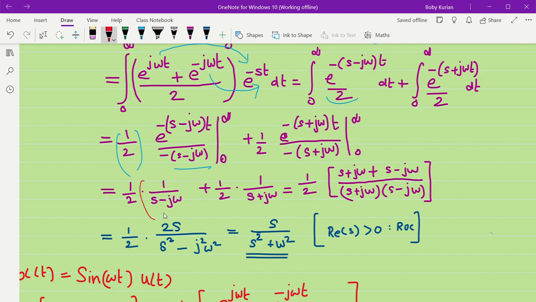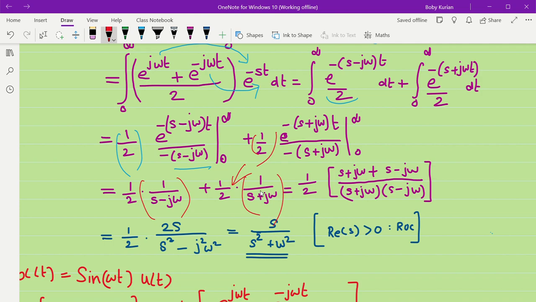So the first term after applying the limits is 1 by (s minus j omega) in the denominator. The second term will be 1 by 2, plus 1 by 2 comes here. Now upper limit gives 0, lower limit gives e power 0, which is equal to 1. So in fact the minus cancels out. What remains is s plus j omega in the denominator.